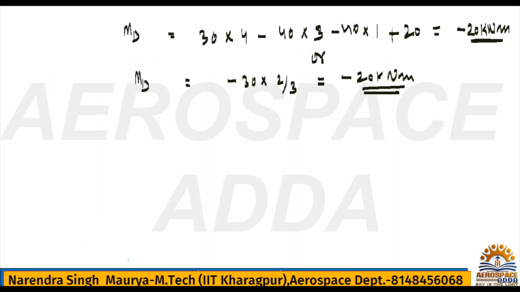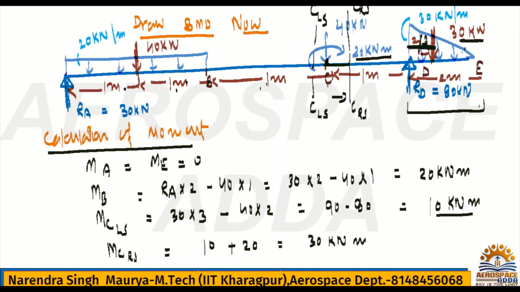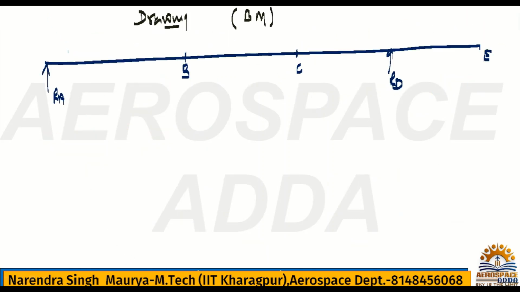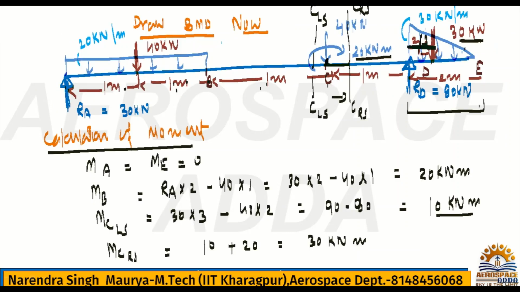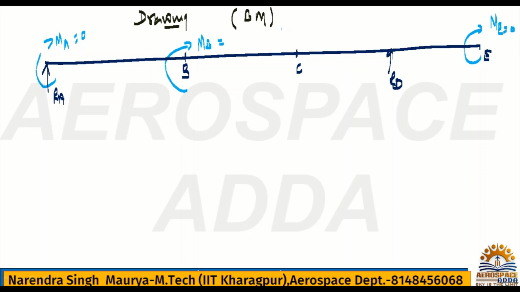So at RA, what moment have you calculated? See, MA and ME both, here moment is MA, it is 0. Here moment is ME, it is 0. Here we have calculated moment MB. What is that moment MB? 20 kilonewton meter, plus means clockwise. So it's a plus clockwise 20 kilonewton meter.